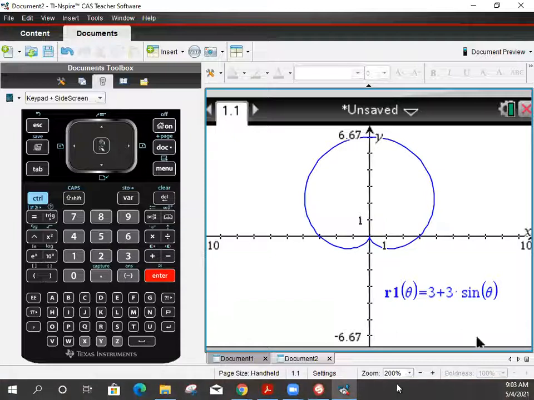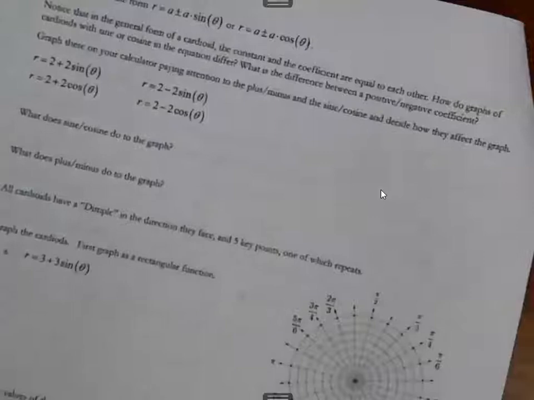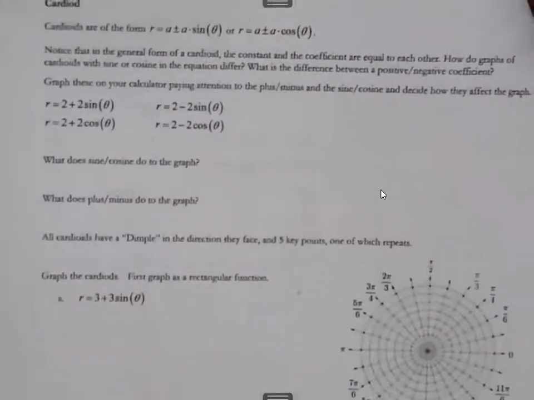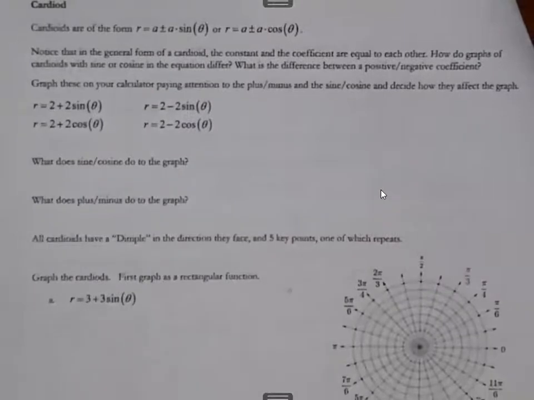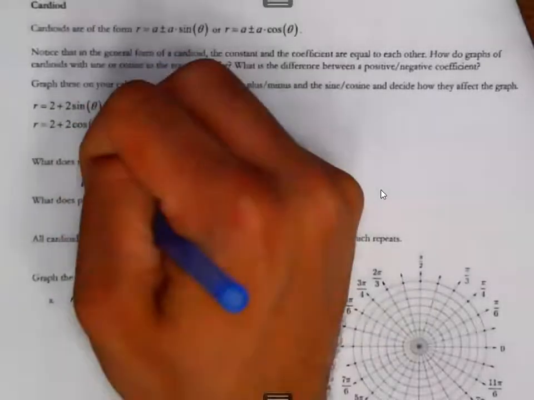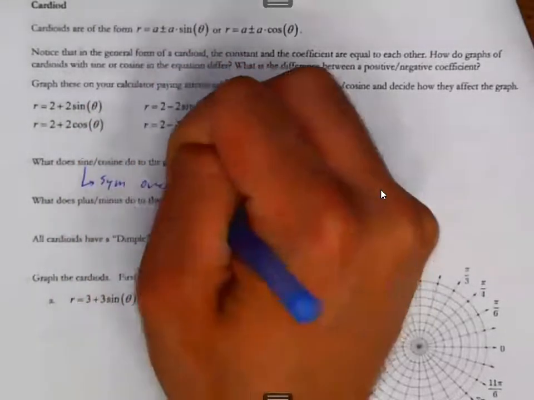So let's summarize that. We're going to graph these directly. Everything we just talked about, theoretically, you don't need to know, but it definitely helps so that you can check your work, and sometimes you can graph it without having to graph it in rectangular form. So what does sine or cosine tell us about the graph? Well, if it's sine, remember sine is y over r. Sine will be symmetric over the y-axis.